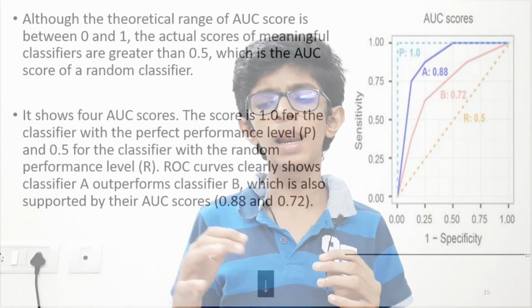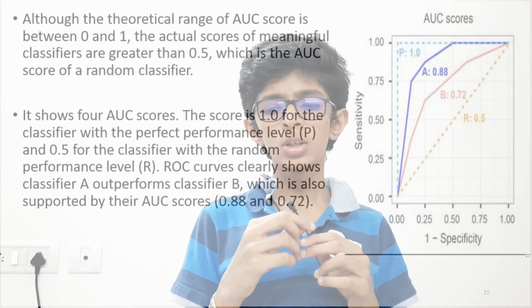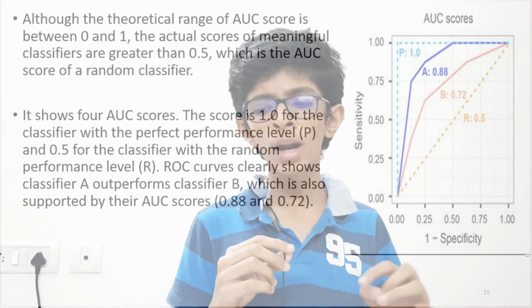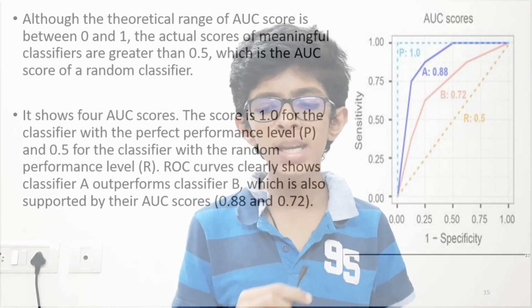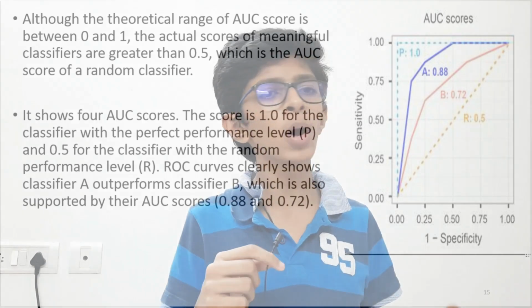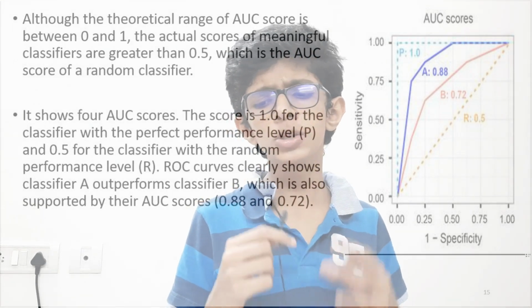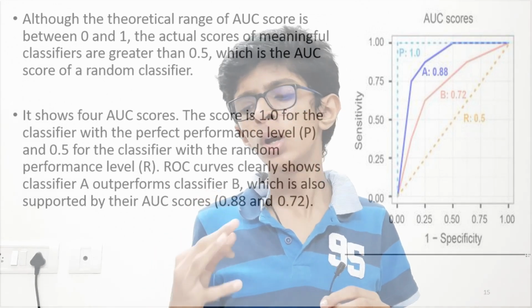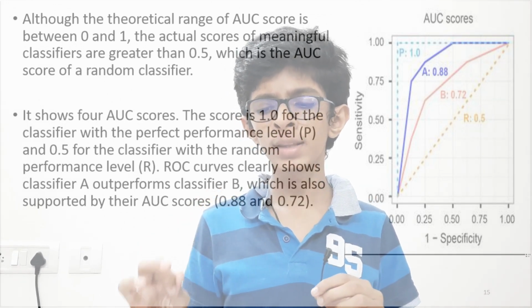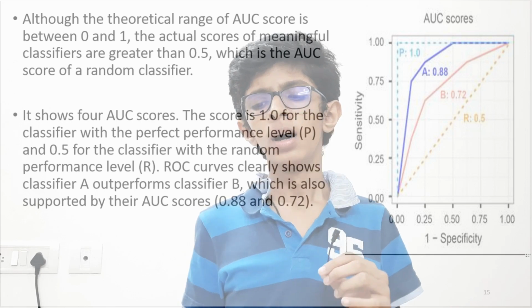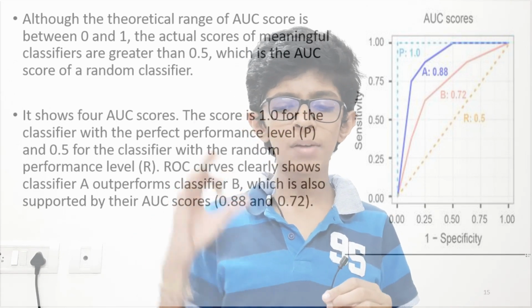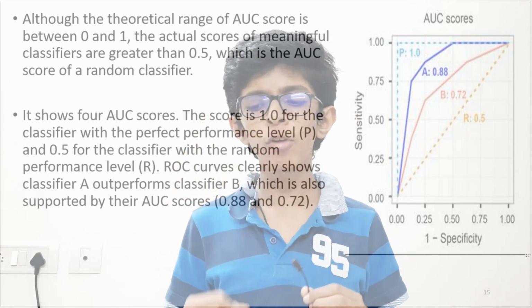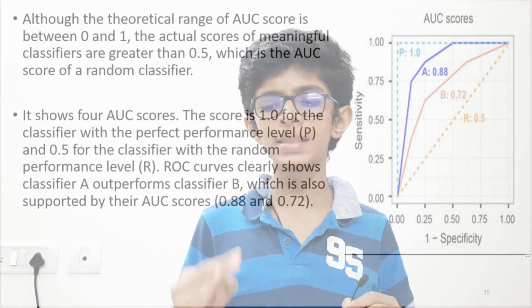Although the theoretical range of AUC score is between 0 and 1, the actual scores of meaningful classifiers are greater than 0.5, which is the AUC score of a random classifier. It shows the AUC score is 1.0 for the classifier with perfect performance level, and 0.5 for the classifier with random performance level.